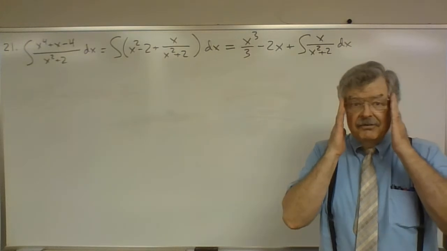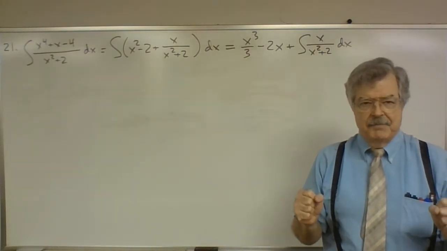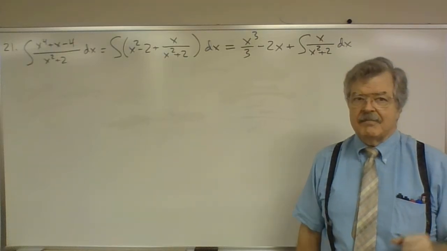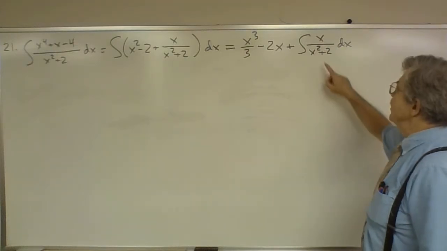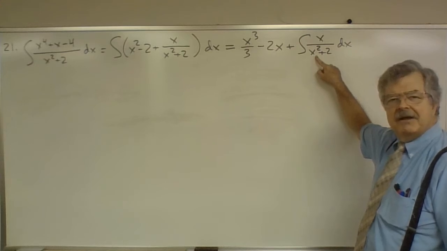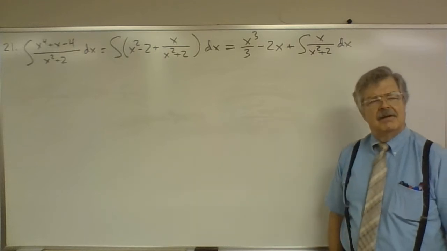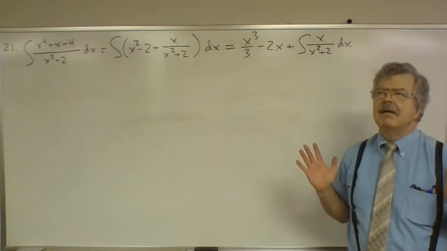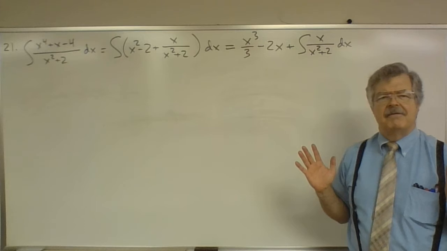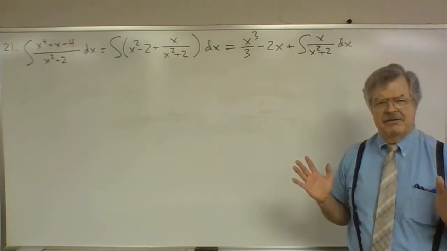I'm training myself to think function derivative pair. And I look at this thing and I go, you know what? The derivative of the denominator is 2x, and the numerator is x. I have an approximate function derivative pair there.